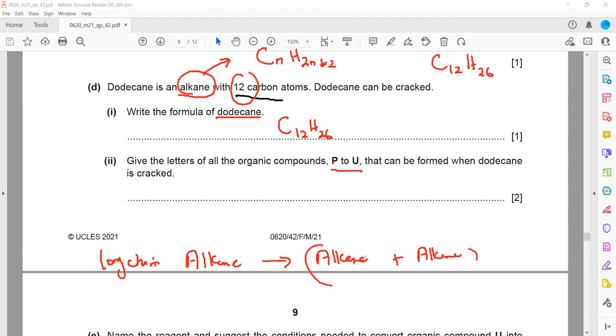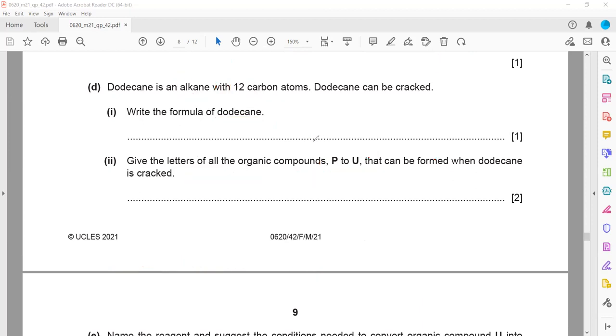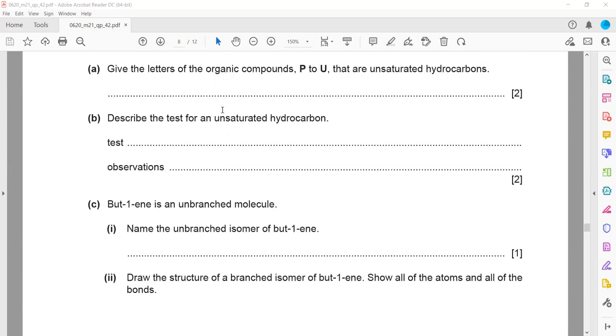Cracking of a long chain compound gives alkene and alkane. So they are asking for the letters of all organic compounds from P to U that can be formed when dodecane is cracked. From the list, we just have to identify which one is alkane and which one is alkene.